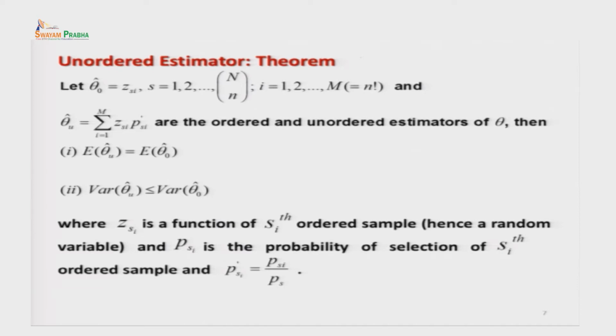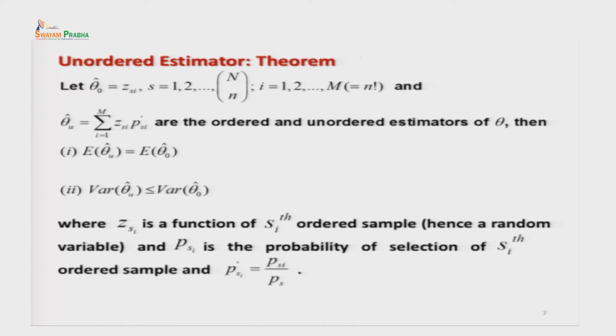Now once we have learned how to obtain such probabilities, I am going to define an estimator which is based on the unordered sample and which has a connection with the estimators of the ordered sample. And remember one thing, up to now in this result, I have taken an estimator theta. I have not talked about capital Y bar.